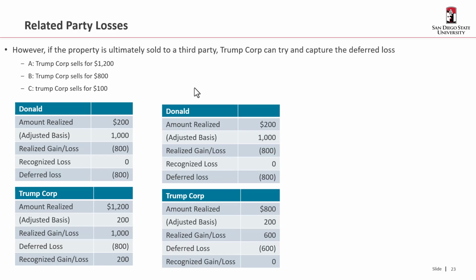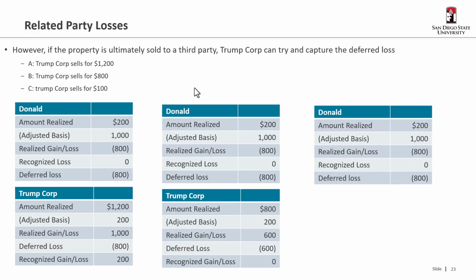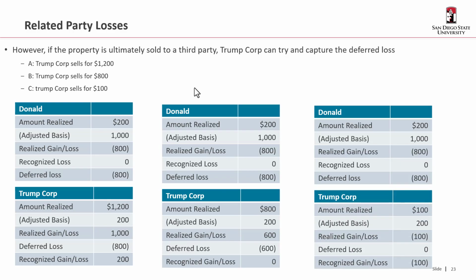So let's see what happens if Trump Corp sells it for only $100. Again, Donald's transaction, no change. It's all the same, right? Donald sells it to Trump Corp and has his $800 deferred loss. Because Trump Corp now sells it at a loss, they're not permitted to claim any of that deferred loss.